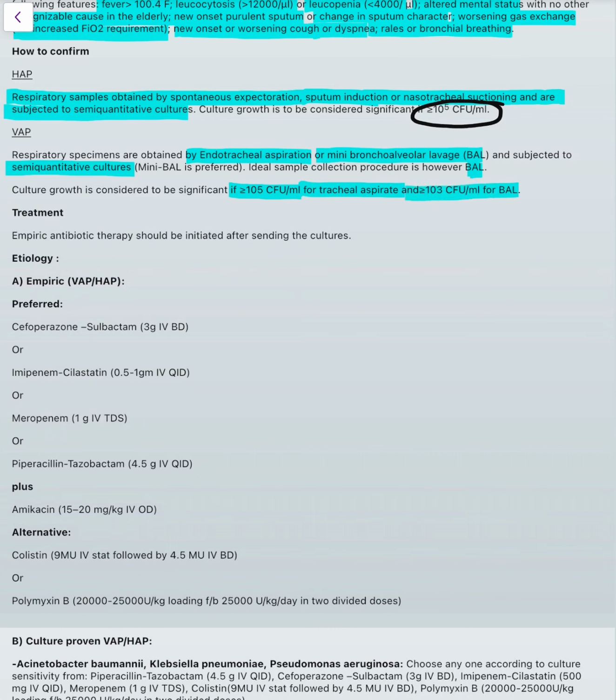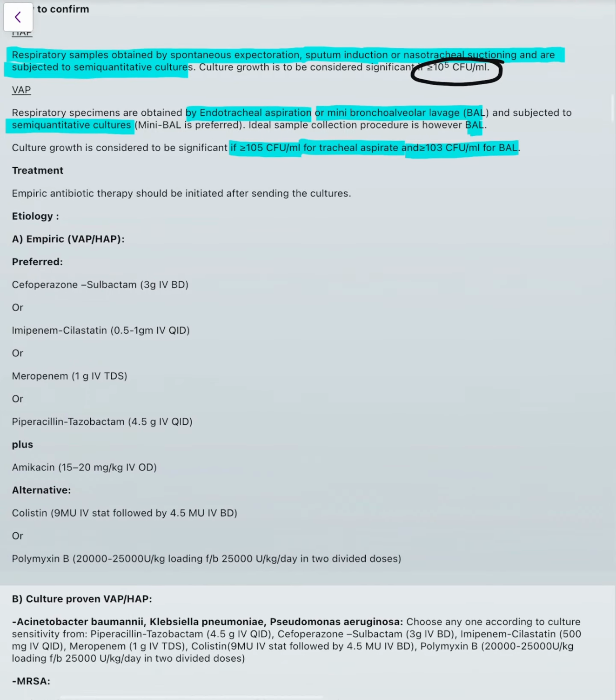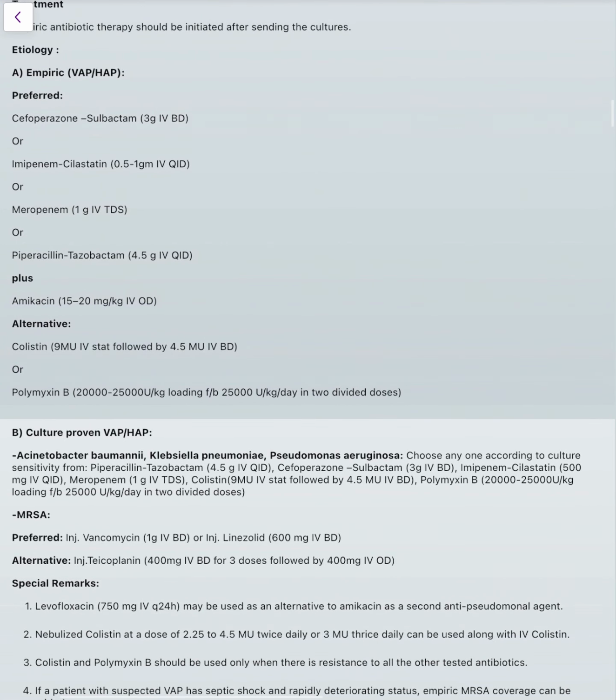Now we will see the empirical treatment in this case. Most commonly Pseudomonas we have to consider here for VAP and HAP, other than Staph. So what is the treatment?